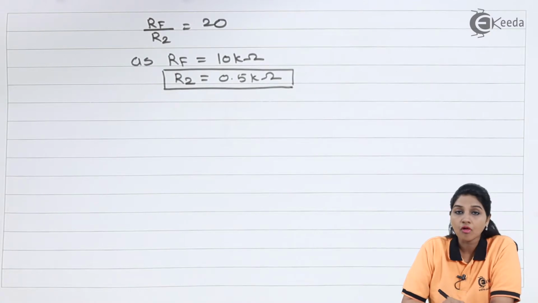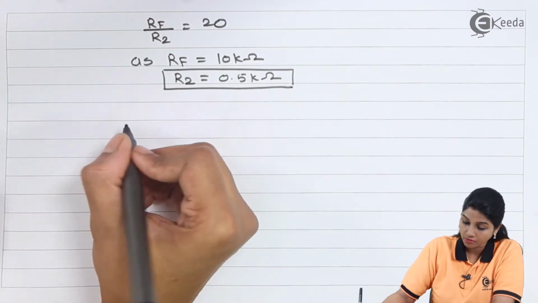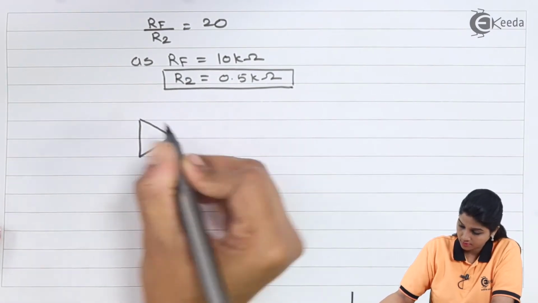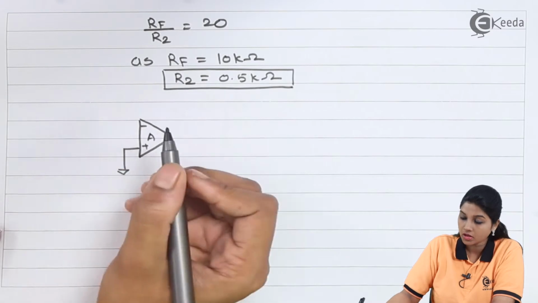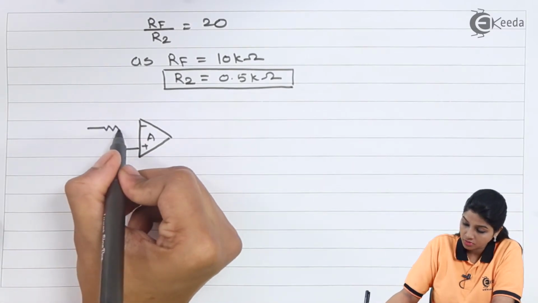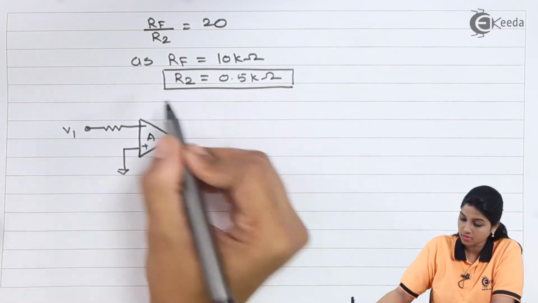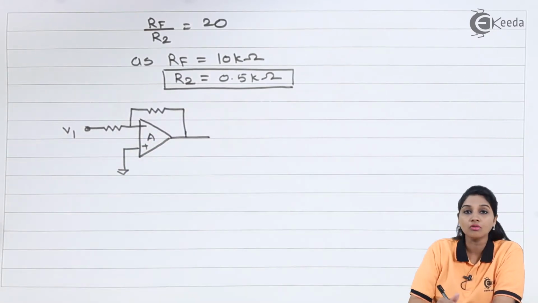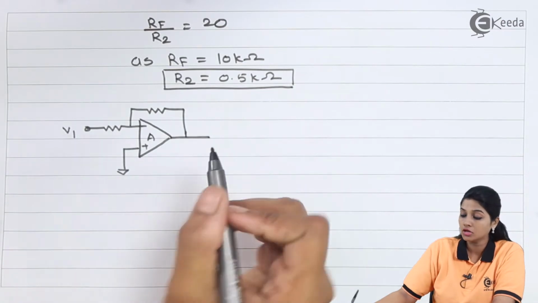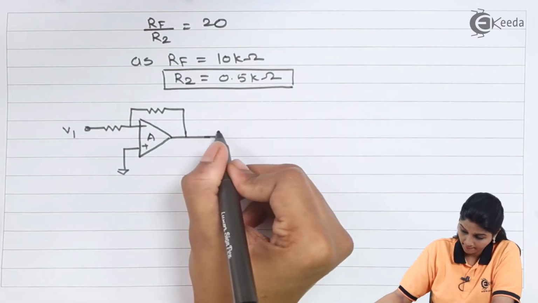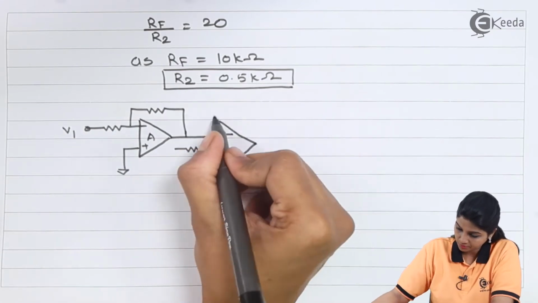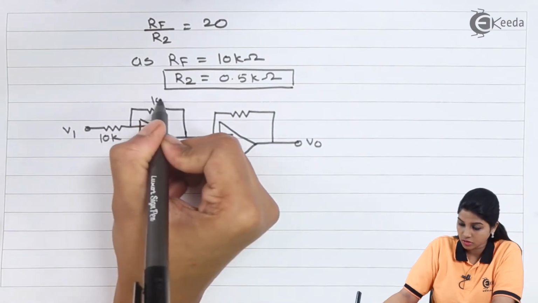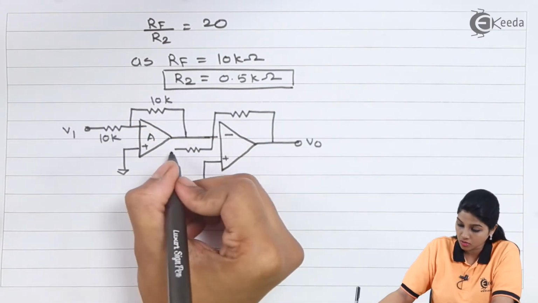So the circuit diagram for obtaining the given equation can be, first of all, we are using an inverter. So input V1 is applied to the inverting terminal, and then the output of the inverter is applied to the second circuit. For the inverter, the values of resistor remain the same, that is 10 kilo ohms.